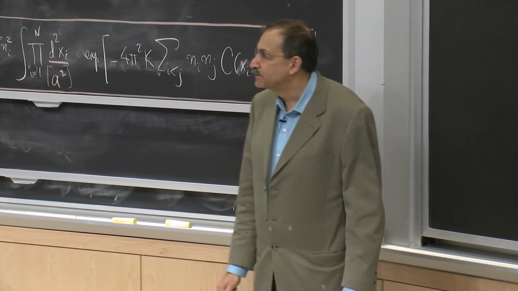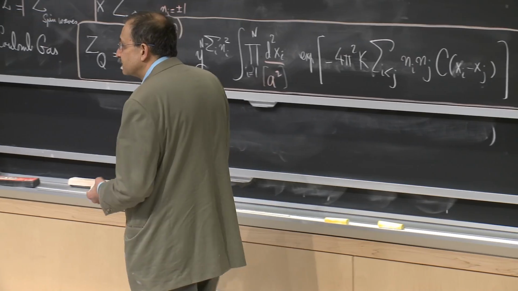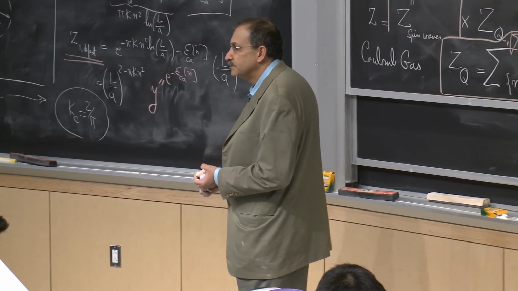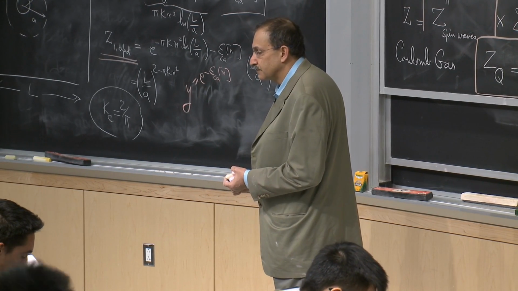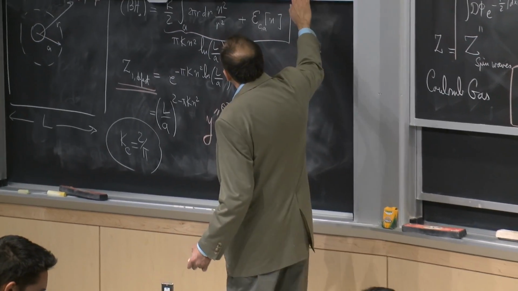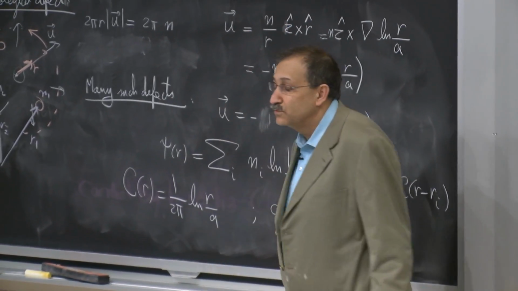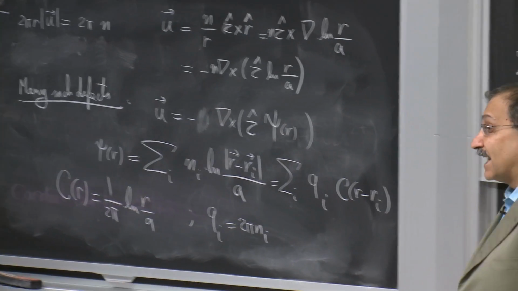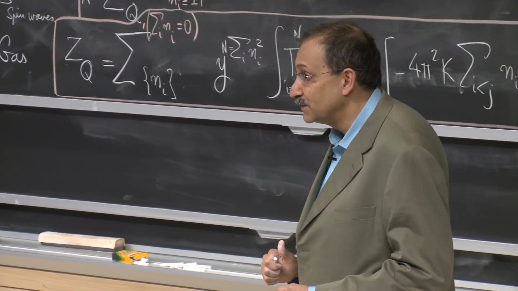Yes? So when we were doing all the Landau-Ginzburg things, it was a canonical partition function, canonical ensemble. And this is more like a grand canonical ensemble? Yes. So as far as the original two-dimensional XY model is concerned, I'm calculating a canonical partition function for the spin or angle degrees of freedom.